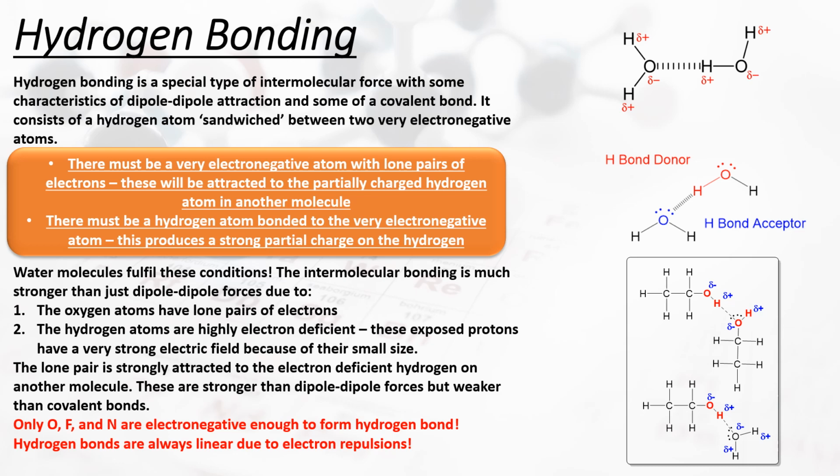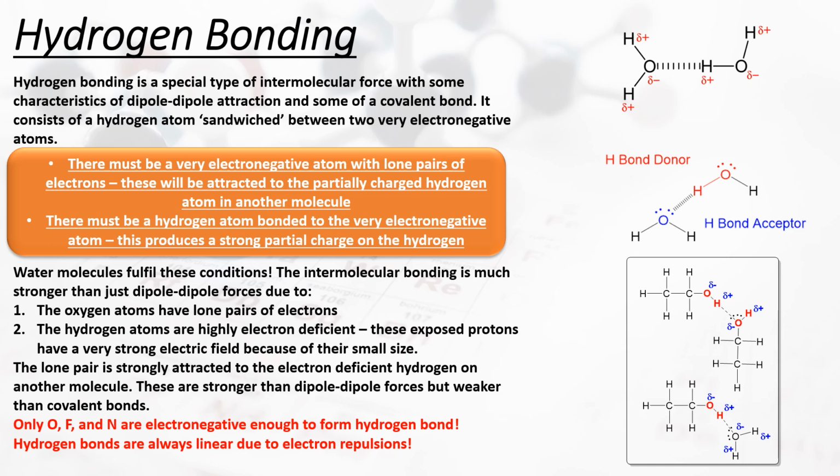And so we have a hydrogen bond donor and a hydrogen bond acceptor. Hydrogen bonds are always linear due to electron repulsion. You can see these dashed lines going between the oxygen and the hydrogen. That's how we represent our hydrogen bond. And it's always completely linear because of electron repulsions.